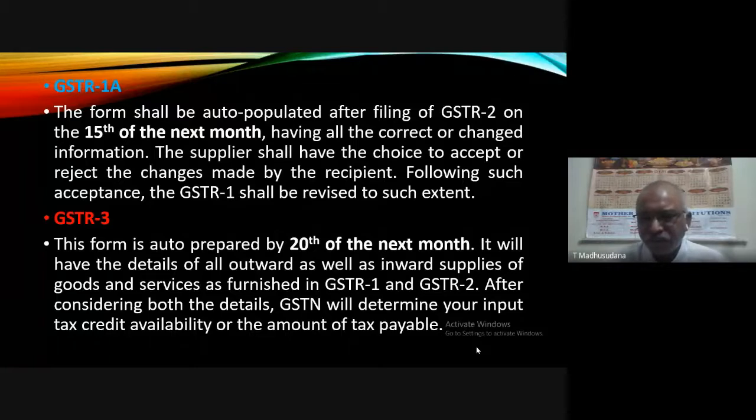In GSTR 1, the supplier is providing all sales details, and in GSTR 2 he is providing all purchase details. So GSTR 3 is a combination of the information of GSTR 1 and GSTR 2. After considering both the details, GSTN will determine your input tax credit availability or the amount of tax payable.